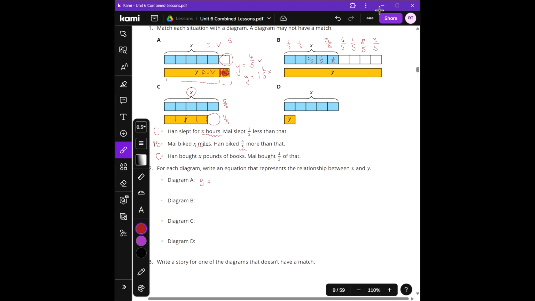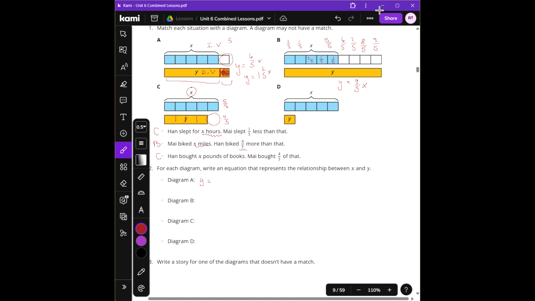So what we can say here is that y is equal to 9/5 of x. Because it's basically 1 and 4/5.